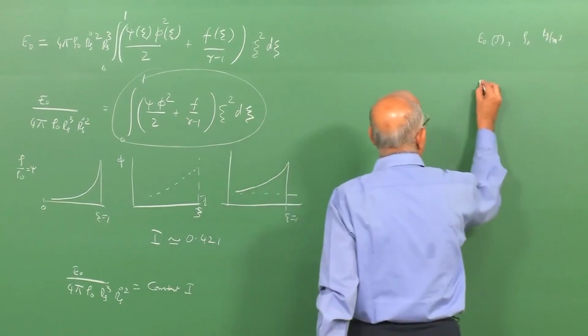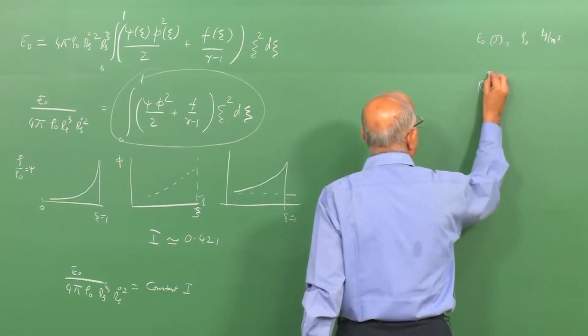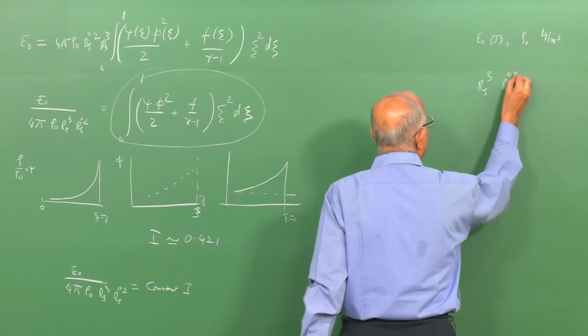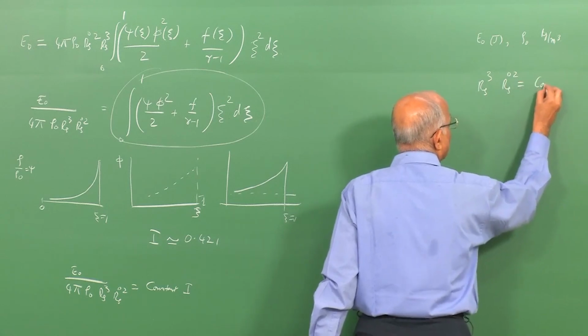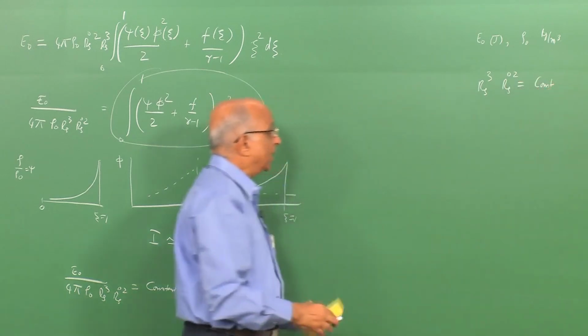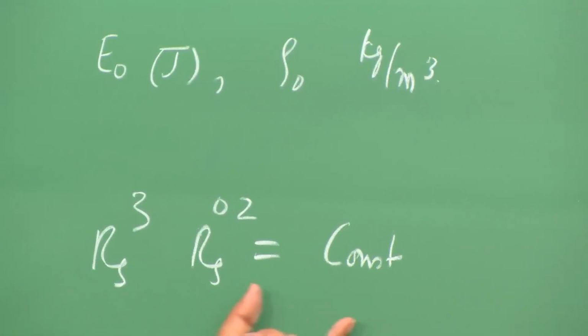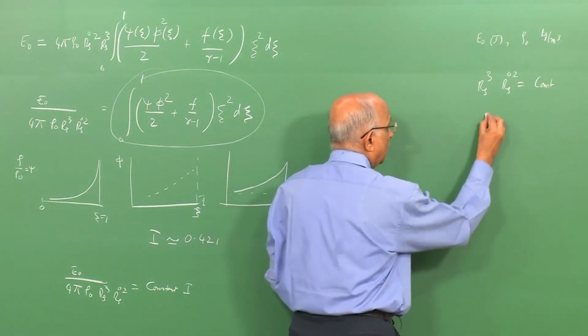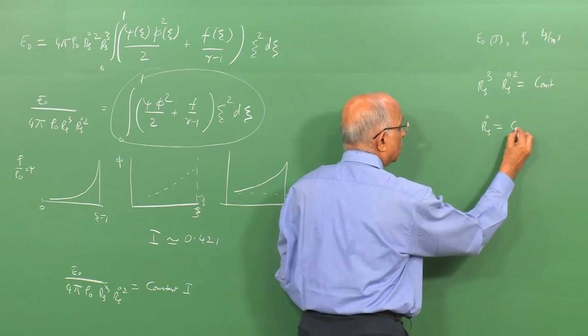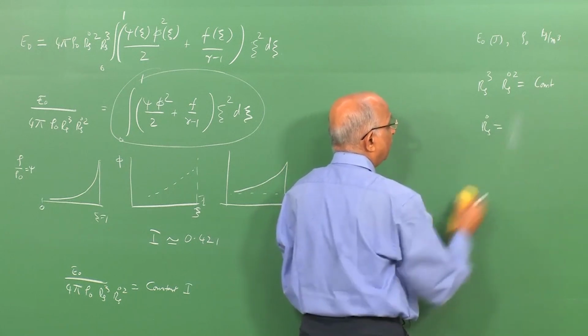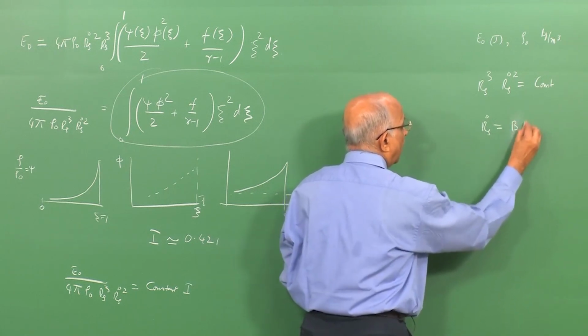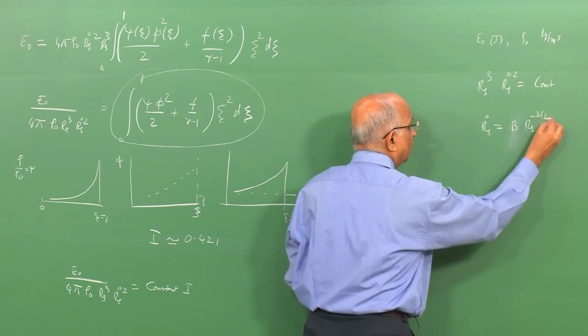Therefore, immediately I tell myself, according to this equation, Rs cubed into Rs dot square is equal to a constant. What is it I get? I get Rs dot is equal to a constant, let us say this constant is B, into Rs to the power minus 3 by 2.